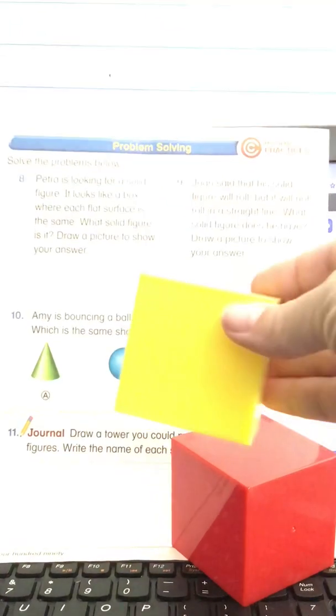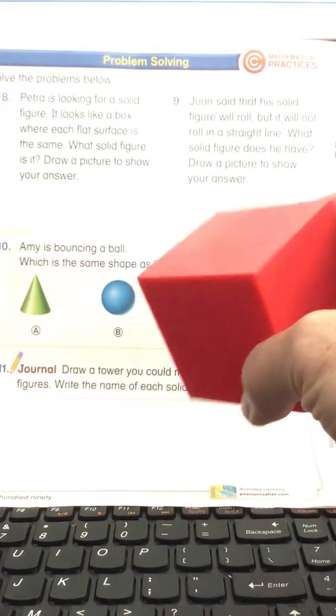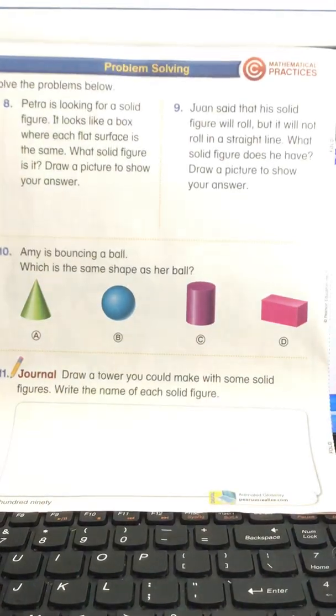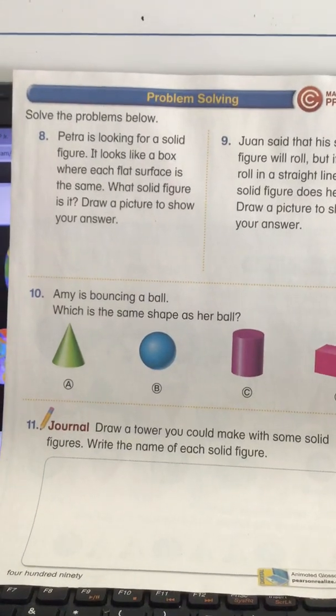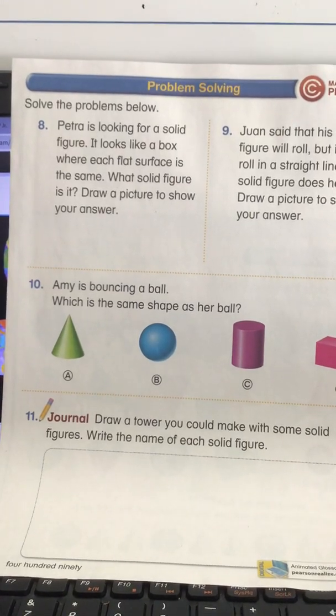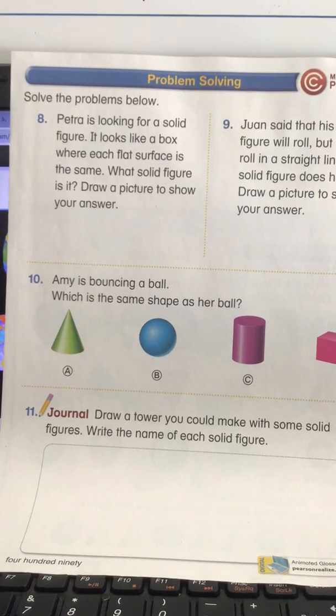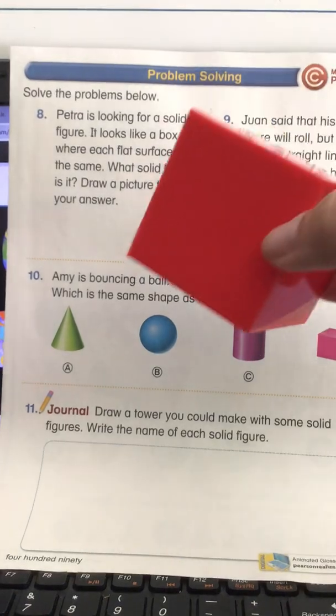Sorry, the brightness is messed up here. The rectangular prism has rectangles and squares that are all flat surfaces. And then the cube has all squares for flat surfaces. So if Petra's solid figure is a box where each side is the same, I think we are going to use the cube.